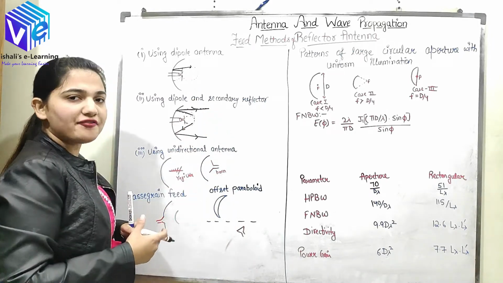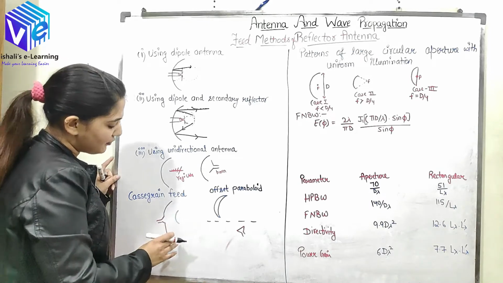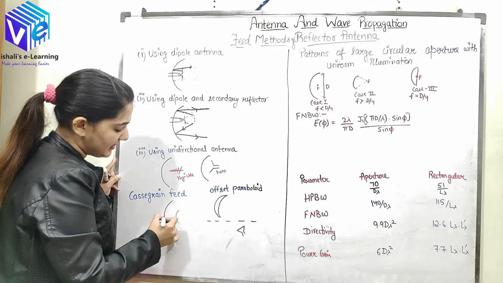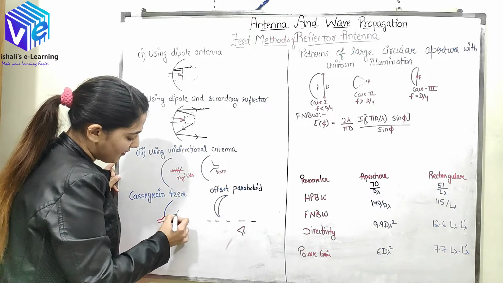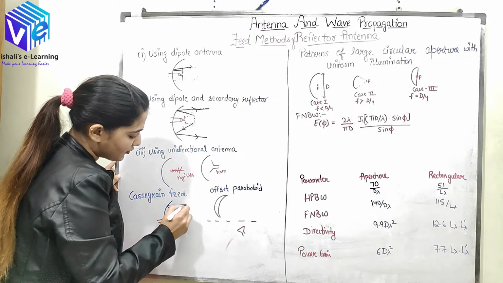So the second type of feed method is the Cassegrain feed method. In the Cassegrain feed method, I am using a parabolic reflector, a hyperbolic reflector and a horn antenna. The horn antenna would radiate and the hyperbolic reflector would again reflect, which will come here.